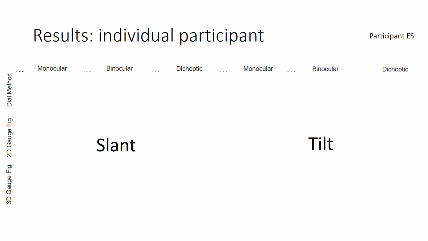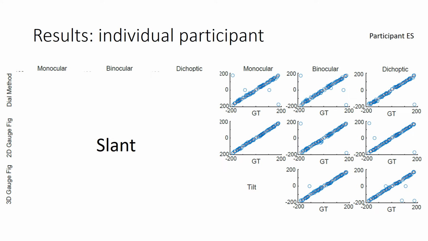Here's the results we got from a single participant. Each figure is the observer's response as a function of the ground truth. If our observer is accurate in each individual judgment, we would expect all the dots falling on y equals x, which is the red line in each figure.